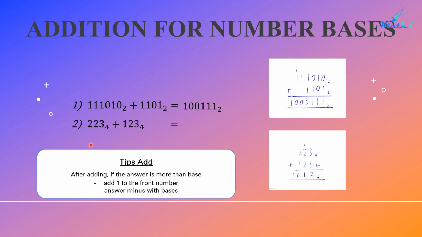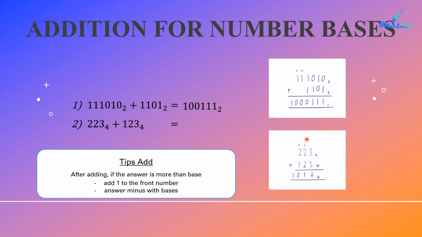And the second question, as you can see, is base 4. So it still can just plus, no need to convert anything. So 3 plus 3. 3 plus 3 is equal to 6. 6 is more than 4. So as the tips here, you need to add 1 to the front number and minus the base number, which is 4. So 6 minus 4 becomes 2. So you write 2 here, and here you increase 1.